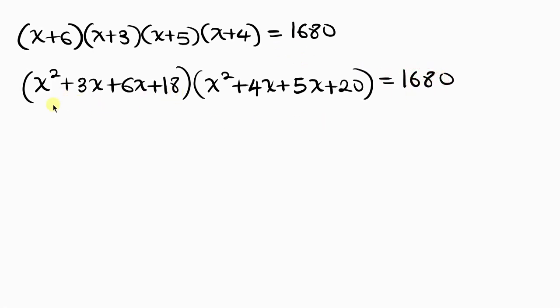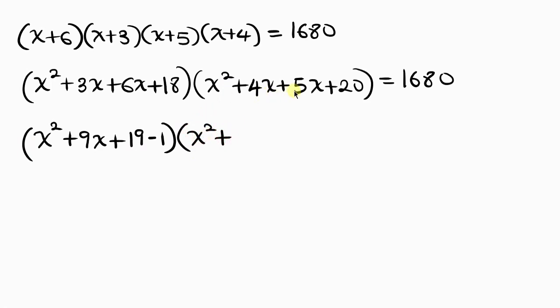Now simplifying, we're going to have x squared. Now 3x plus 6x is 9x, so plus 9x, plus, I'm going to be splitting this 18. 18 is the same as 19 minus 1. Times x squared plus 4x plus 5x is 9x.